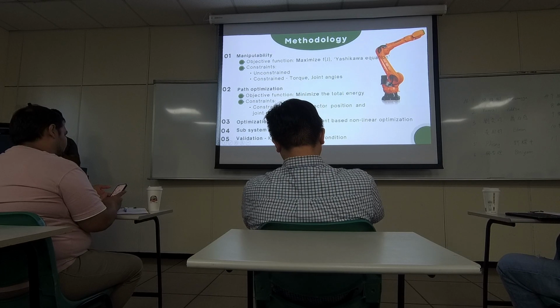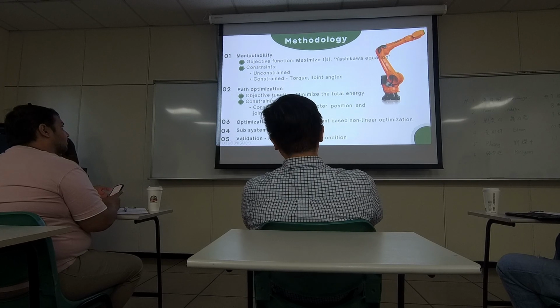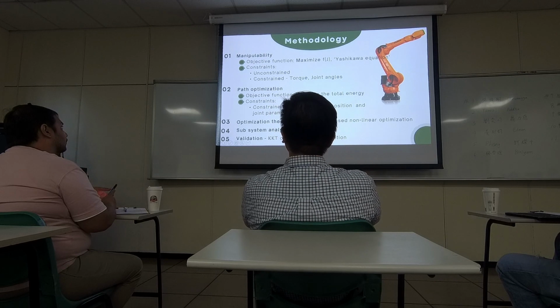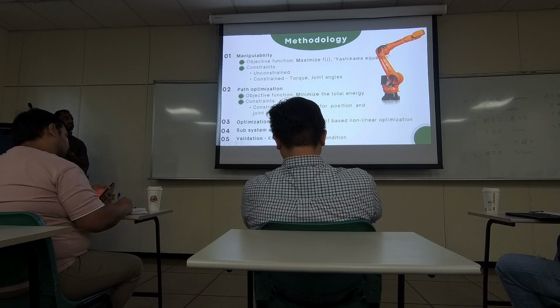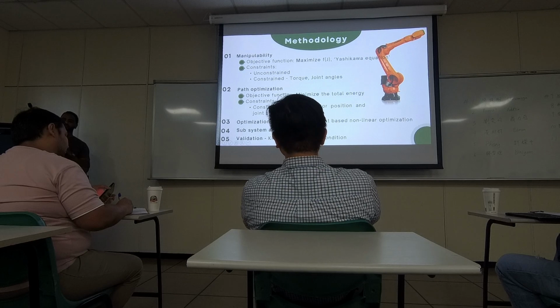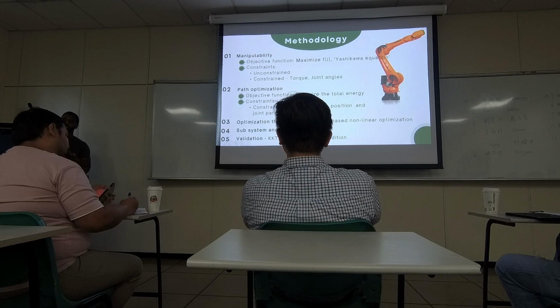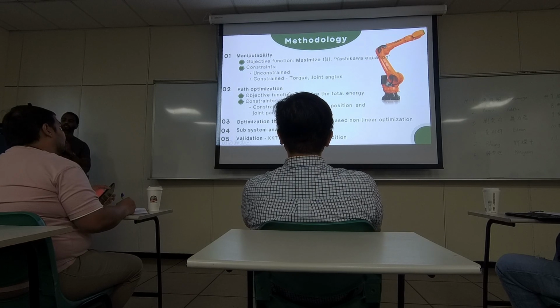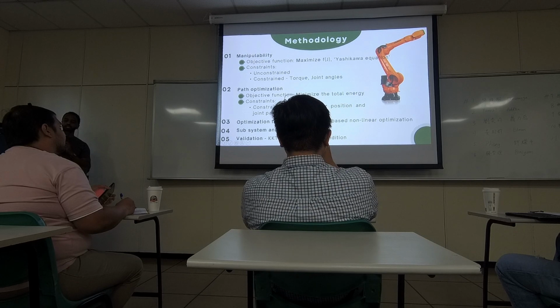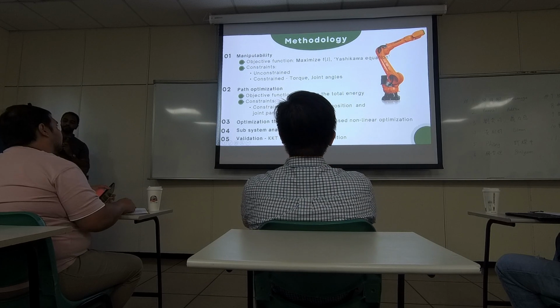When we come to the path optimization, our objective function is to minimize the total energy exerted by the joint actuators. And for the constraints, we will constrain the end effector position and joint parameters.